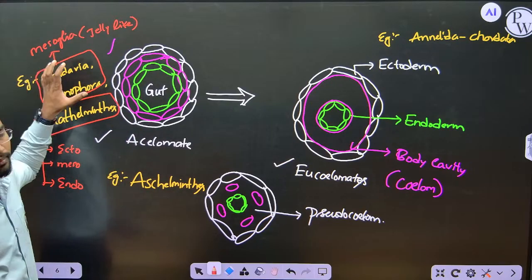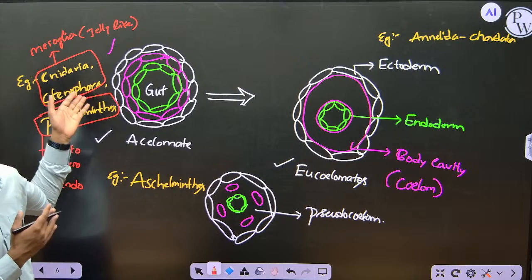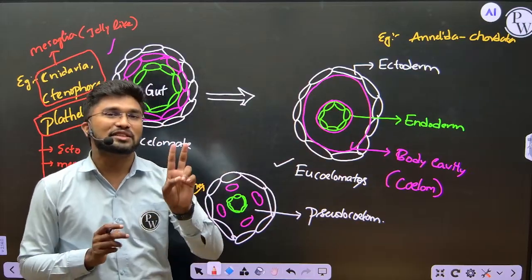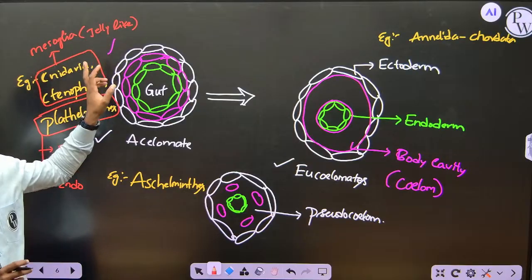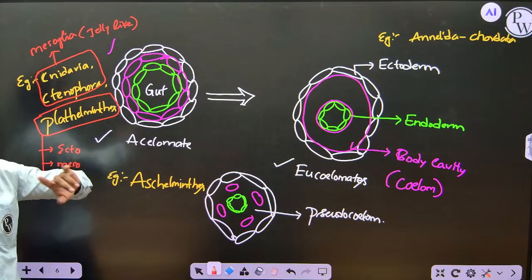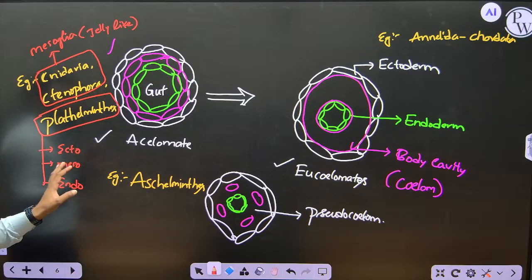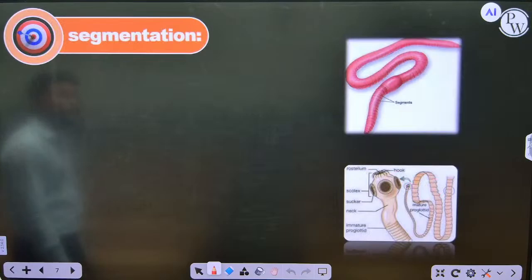So mesoderm is absent in Cnidaria and Ctenophora. That's why they are what? Diploblastic animals. We studied, right? Diploblastic animal means only two germ layers are there. What are the two germ layers? Ectoderm as well as endoderm. They don't have mesoderm. Instead, they have mesoglea. Got it? So that is about coelom and about different coelomate organisms.